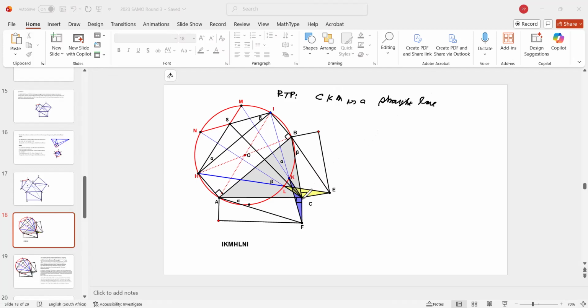Right, because I want this point here, C, to be one of the 3 points which are collinear, right? It'll become clear a little bit later on, in case you got lost.